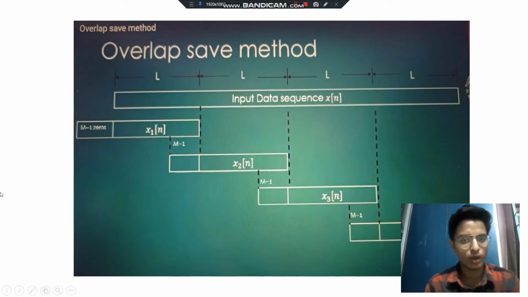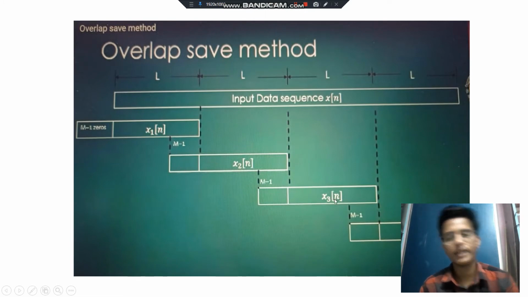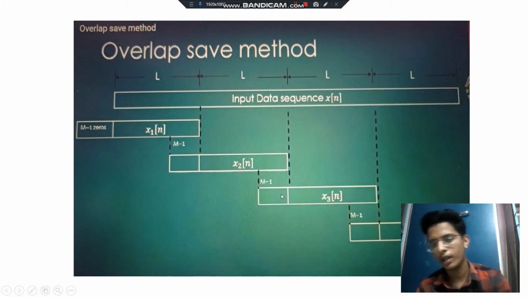Since for the first block, x1 of n, there is no previous block, we take M minus 1 zeros. In the following blocks, for example x2 of n, we take the L samples from the present x2 of n and M minus 1 samples from the previous block, that is x1 of n. Similarly, for x3 of n, we take the L samples from the present x3 of n and M minus 1 samples from the previous one, that means x2 of n, and so on.